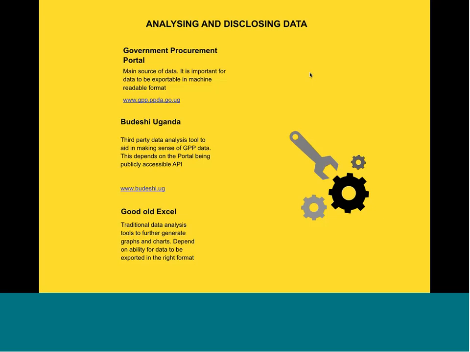And we are also now working on a third-party tool called Budeshi Uganda, inspired by our colleagues in Nigeria who have a tool called Budeshi to further analyze this information. Another tool we use here to analyze data is good old Excel. Get information, punch it in Excel, and try to make sense out of it.